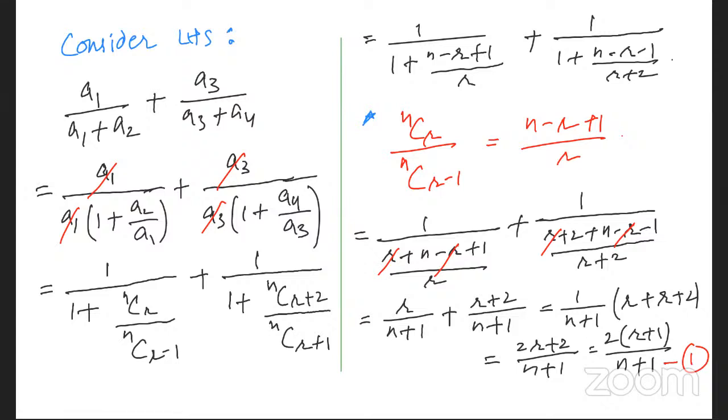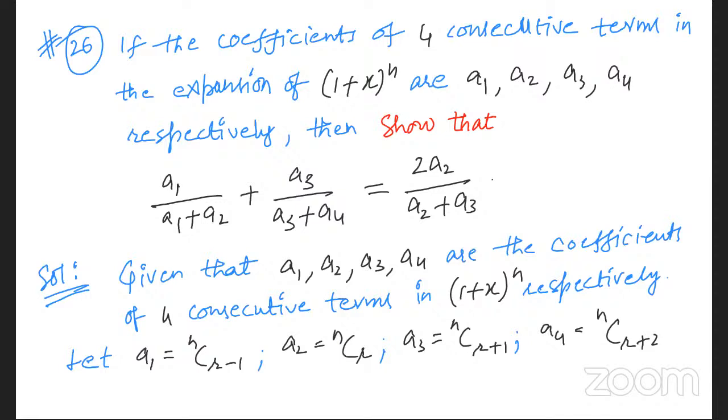Now we shall consider the RHS and simplify that. What do we have in the RHS? 2a2/(a2 + a3).